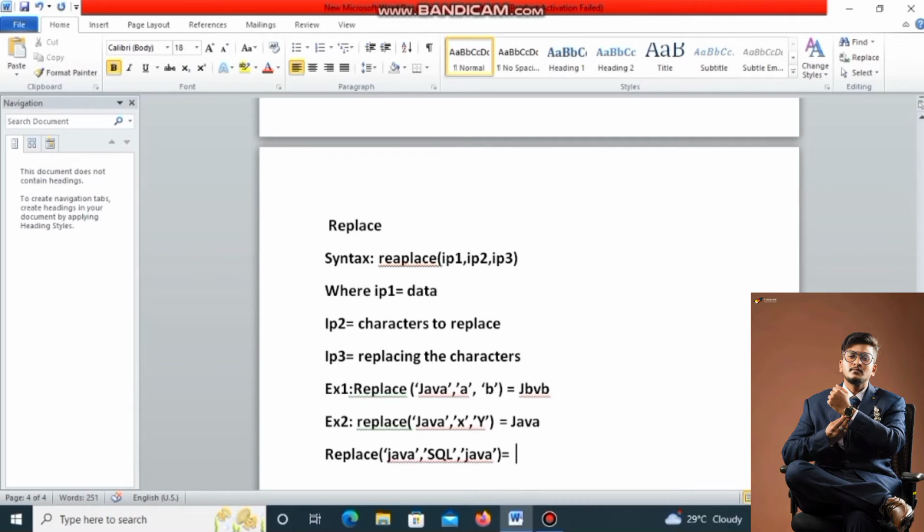The output would be the same as input 1. See, let us consider input 1 has a capital letter J, and the output would also have a capital letter J with the remaining letters A, V, A. Okay, this is how the replace function is used.